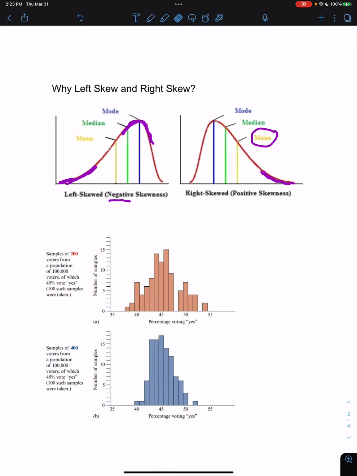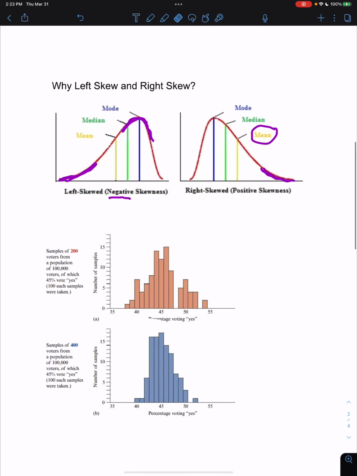So here we have two graphs of the percentage of people voting yes in an election. The top one is showing 200 people voting, and the bottom one is showing 400 people voting.